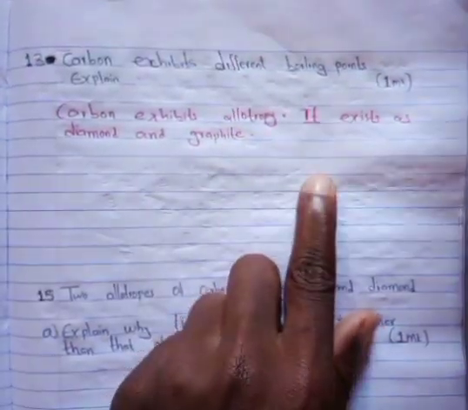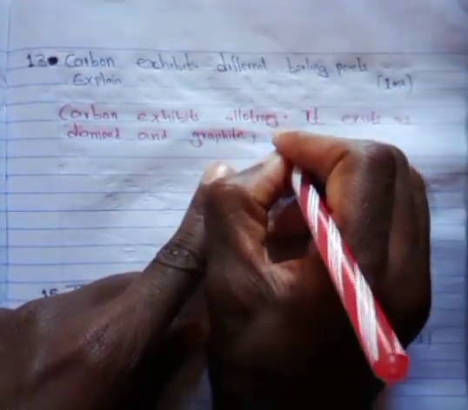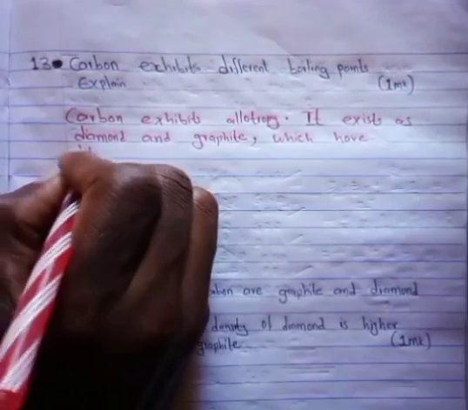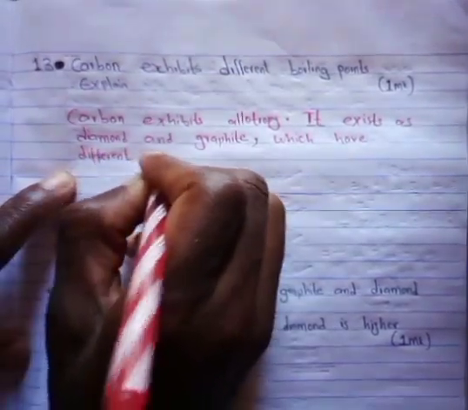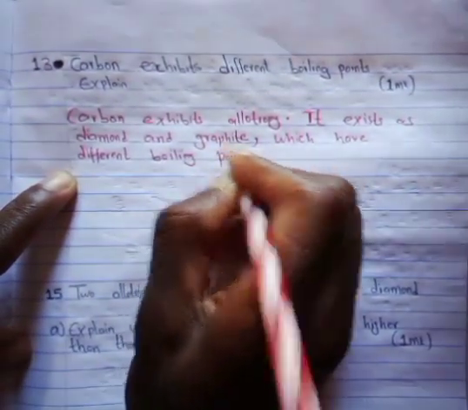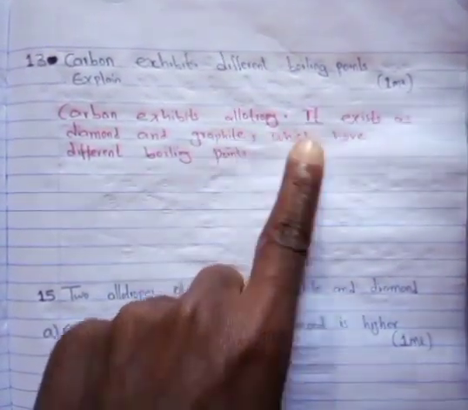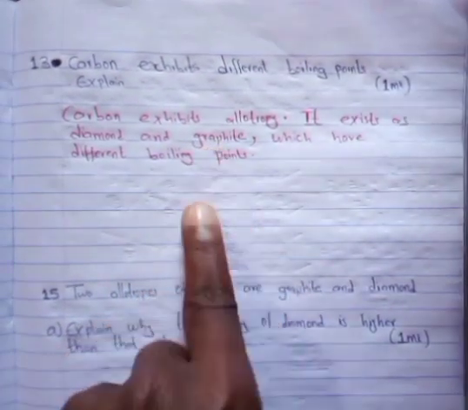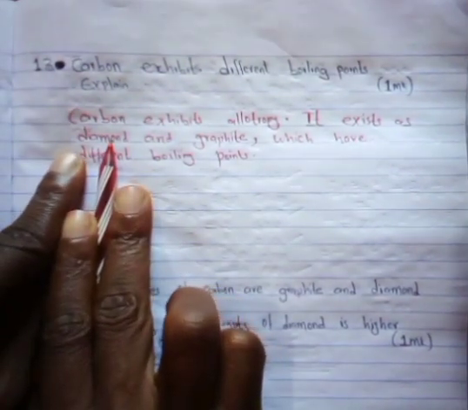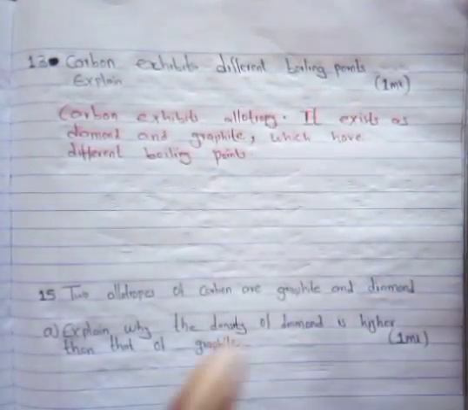So we are saying carbon exhibits allotropy, sorry. It exists as diamond and graphite, which have different boiling points. So in other words, the boiling point of diamond is different from the boiling point of graphite. That makes it possible for carbon to exhibit different boiling points.